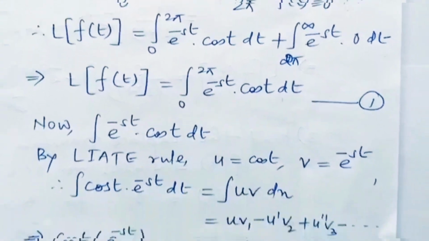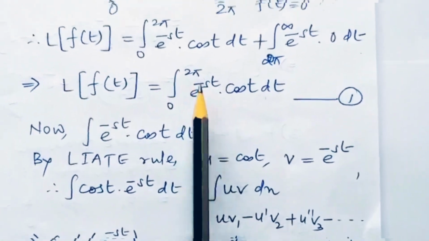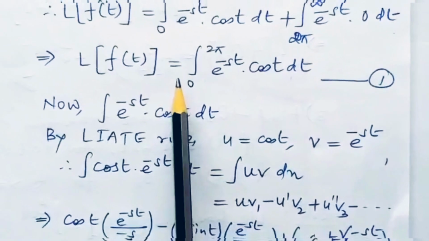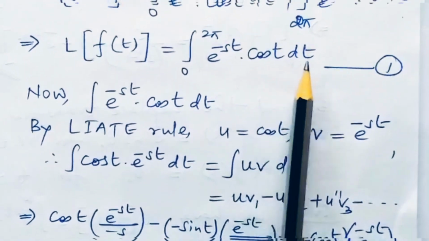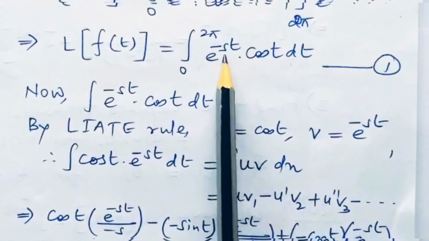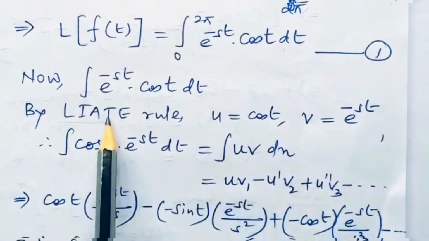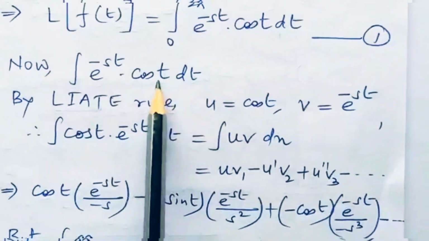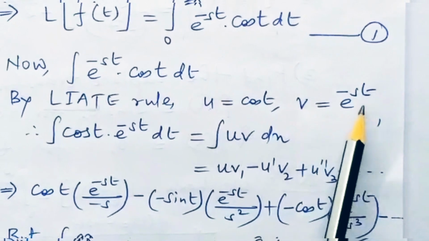Now in the previous case, one thing we have observed: whenever the product of two functions comes under the integral sign, we normally evaluate them by using integration by parts. So accordingly, let's try here e to the power of minus st and cos t. By the ILATE or LIATE rule, we know that cos t comes as the first function and the exponential function as the second function.